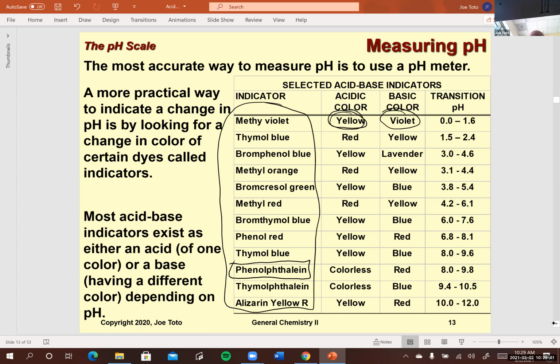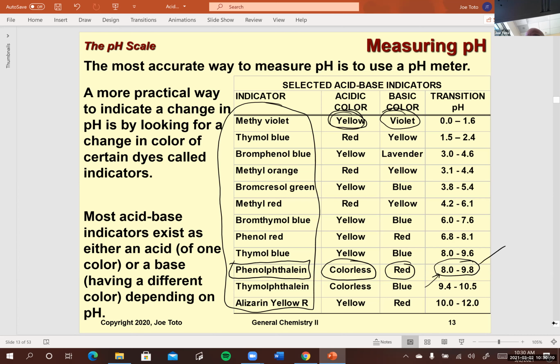And I said, okay, so if that's true, the pH is 7, right? And they're like, yeah, okay, that's 7. But that's not always true. Furthermore, check this out. Phenolphthalein goes from colorless to red at a pH of 8.0 to 9.8, and it's not near 7.